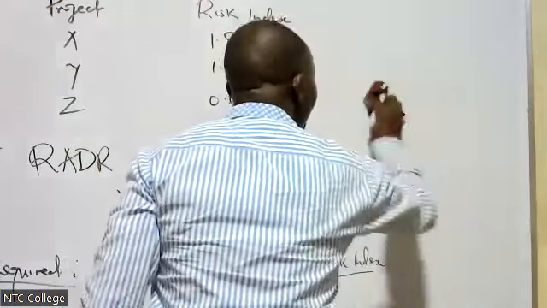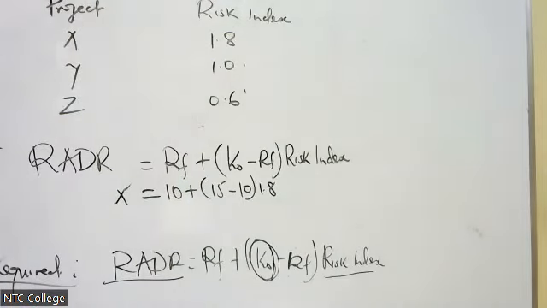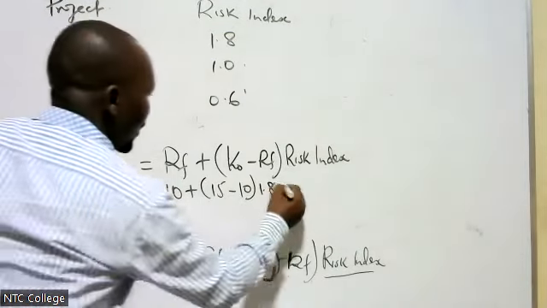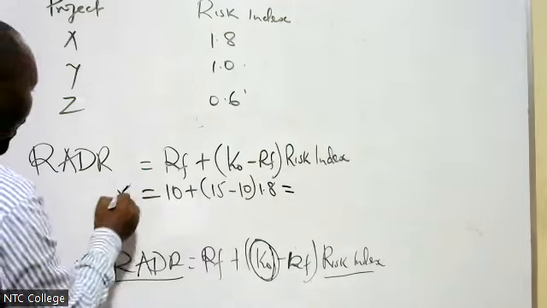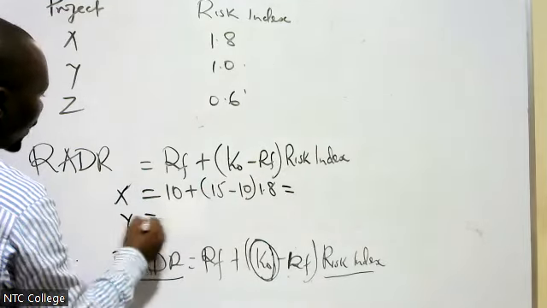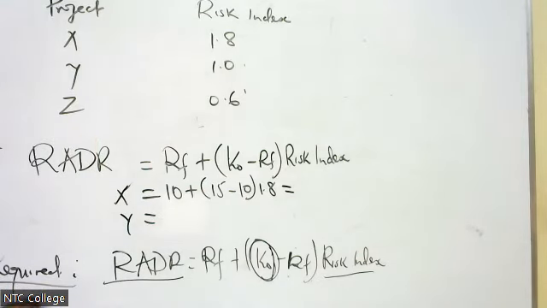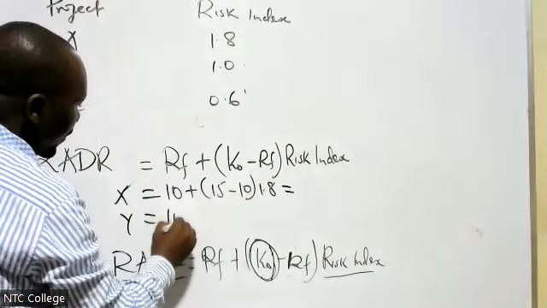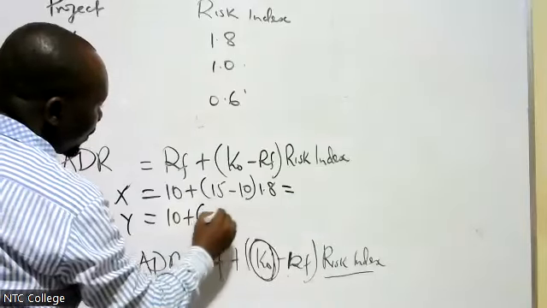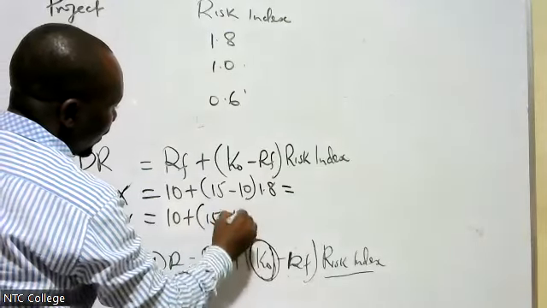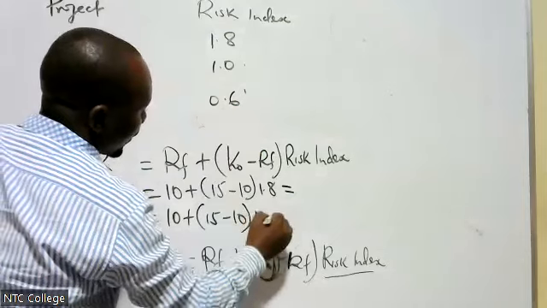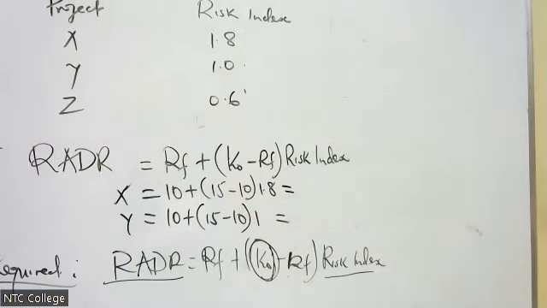What is the answer? Then we have Y. Y also has a different rate because of the variation in risk index. So we have 10 plus, in bracket, 15 minus 10, into 1. What is the answer?